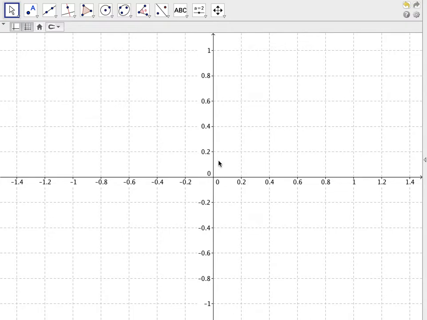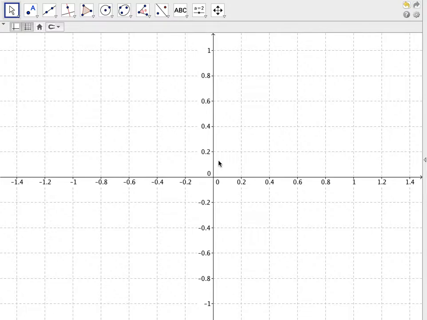In this video, we're going to explain how to find sine, cosine, and tangent of angles that are greater than or equal to 90 degrees or less than or equal to 0 degrees. Prior to this, we have been thinking about sine, cosine, and tangent in terms of one of the angles of a right triangle.